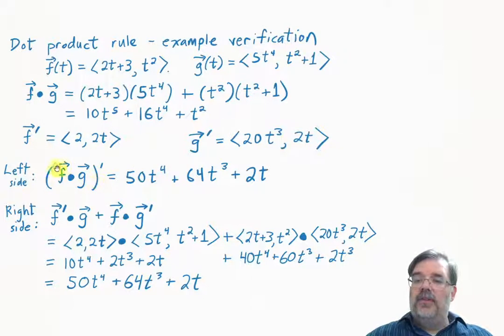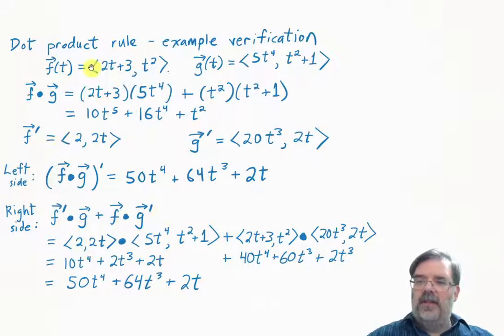So the derivative of the dot product, in other words the left-hand side, is the derivative of this expression. Using our power rule, that turns out to be 50t to the fourth plus 64t cubed plus 2t. To calculate the right-hand side, we need to calculate f prime dot g plus f dot g prime.